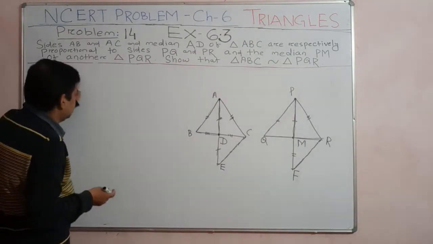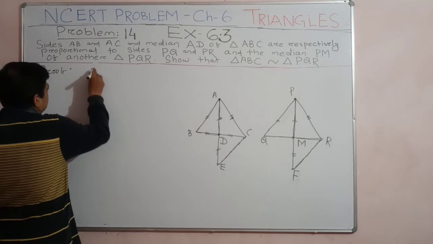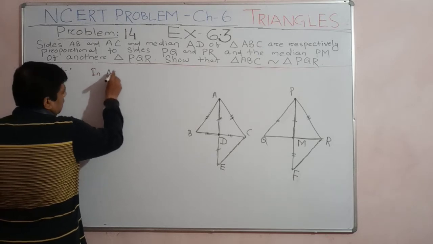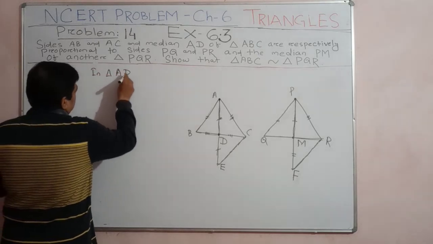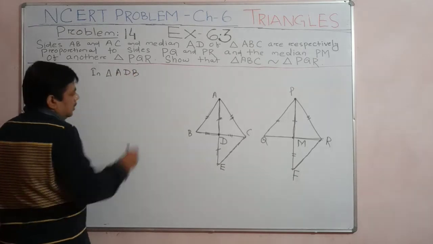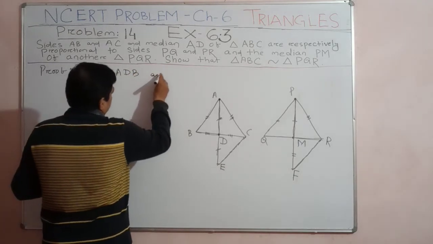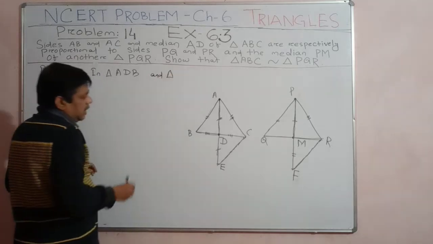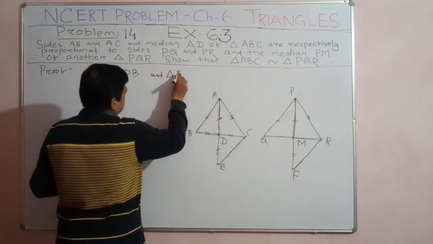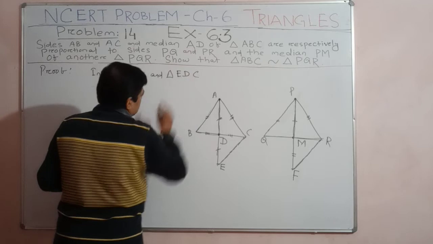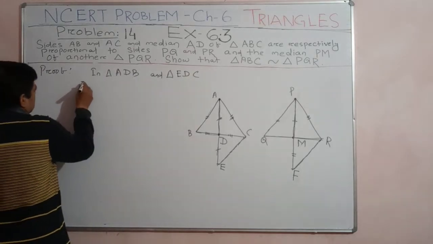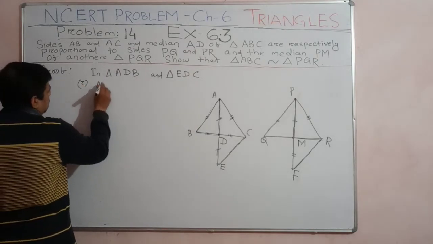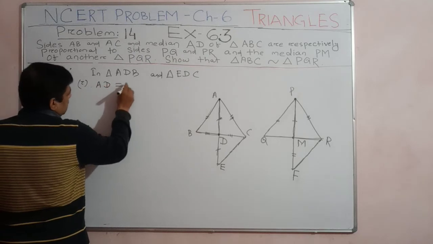Let's see. In triangle ADB and triangle EDC, first we point out that AD is equal to ED.